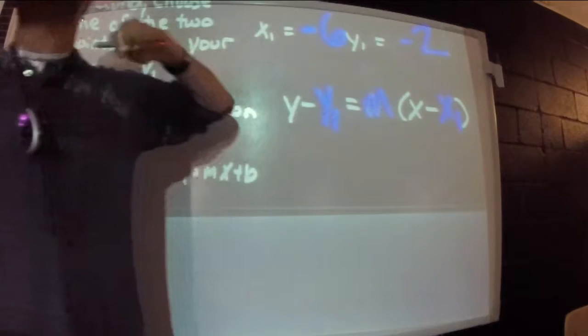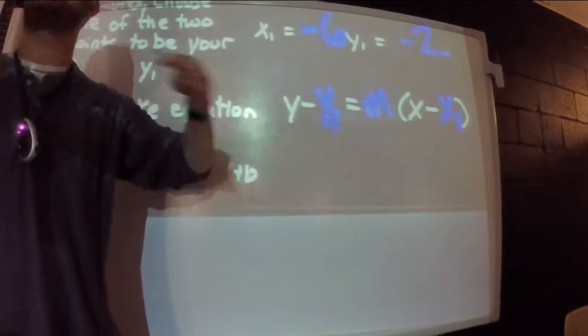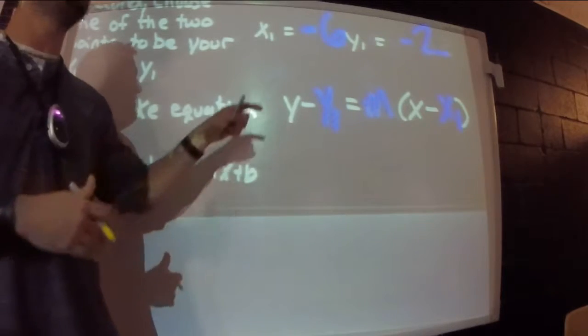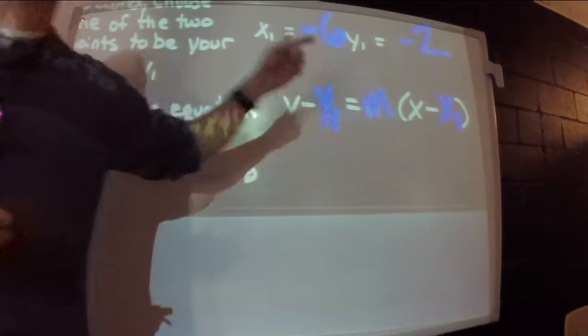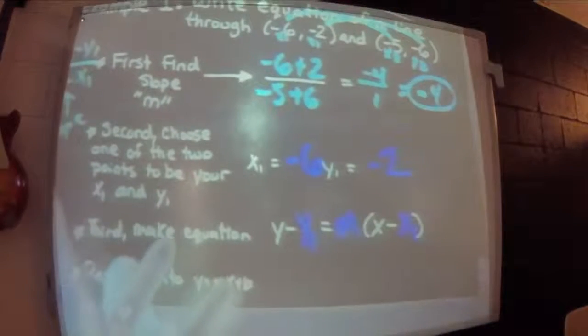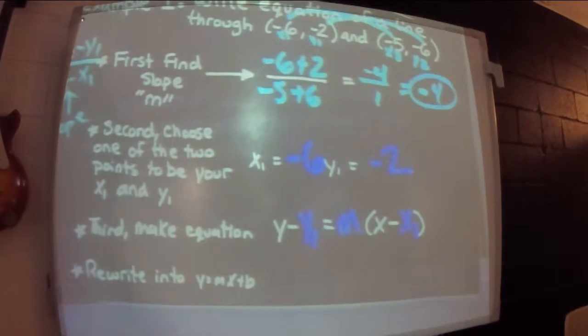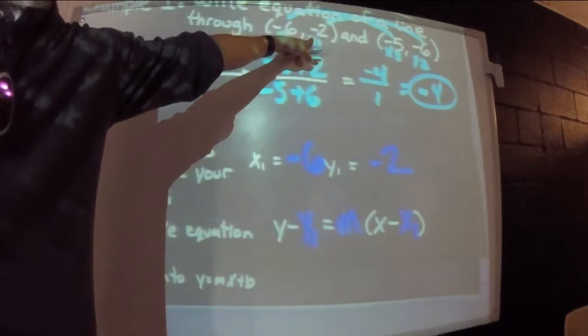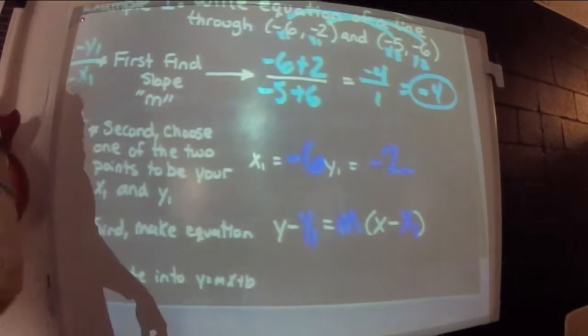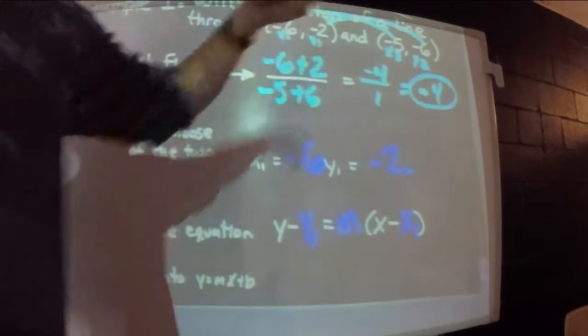The only difference between yesterday's problems and today's problems is that they didn't directly tell you the slope. But once you got it, it's the same as yesterday. Take the first point and your slope and put it in. So y minus y1 will be y minus negative 2, or just y plus 2.